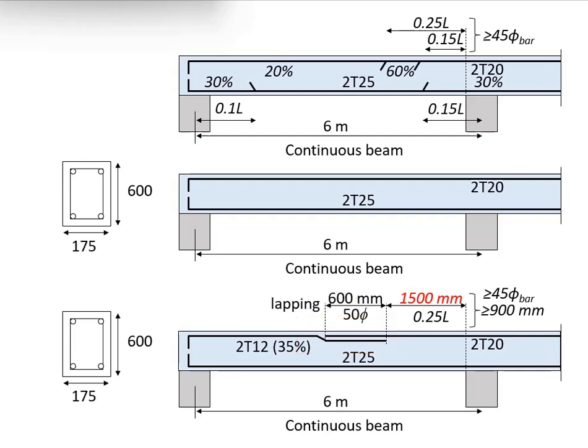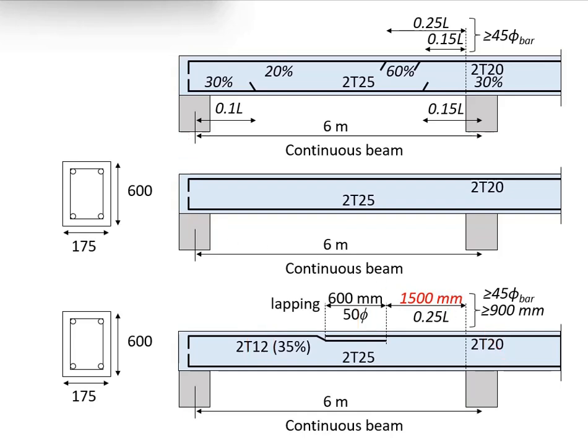You will need a greater length for the lapping. Let's say now you've done the calculations, the required lapping length will be about 50 times the bar diameter. Now the issue here is whether this diameter is referring to 12 mm or 20 mm diameter.